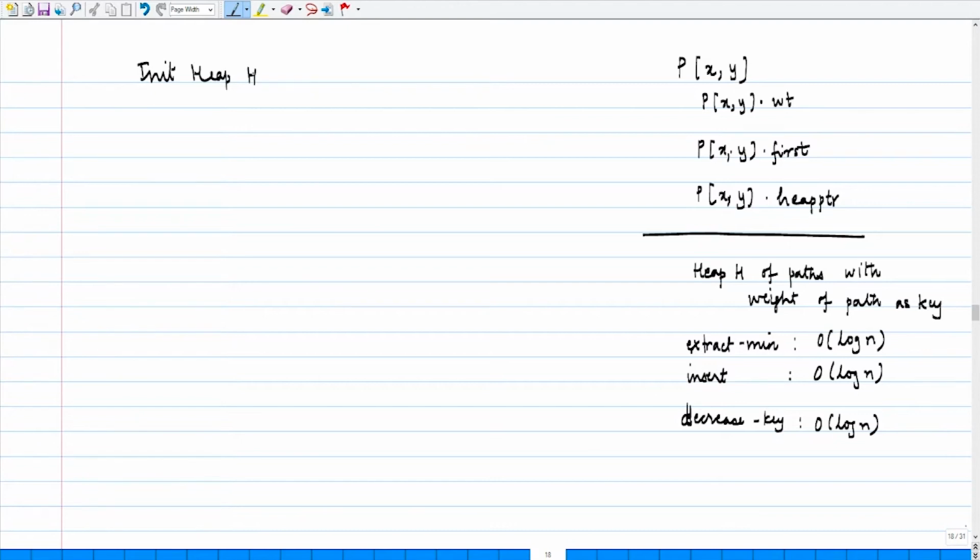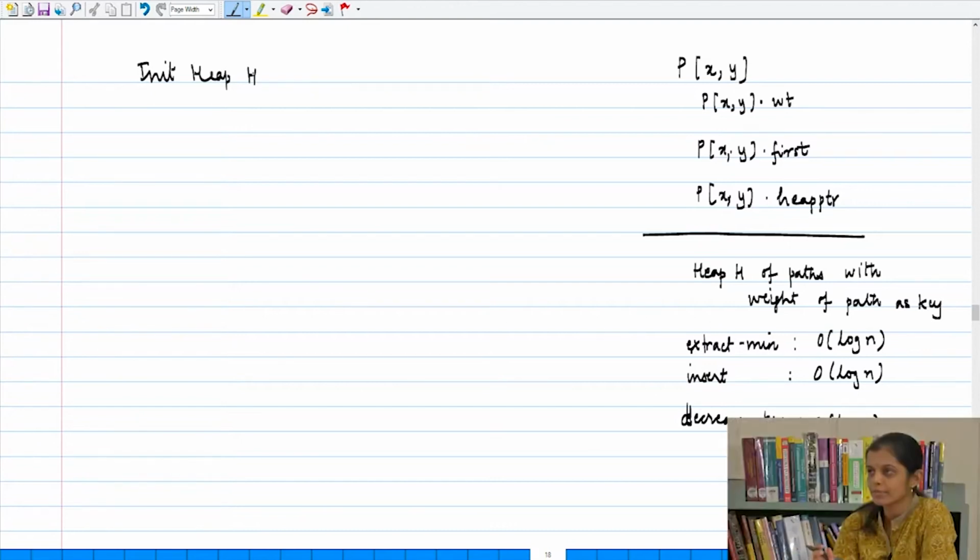What would you expect it to initialize the heap with? For every pair, we are going to insert one path into the heap, which is the candidate shortest path, and as we said, the initial estimate is just the edge weight if there is an edge. If there is no such edge, then we have an initial estimate of infinity.